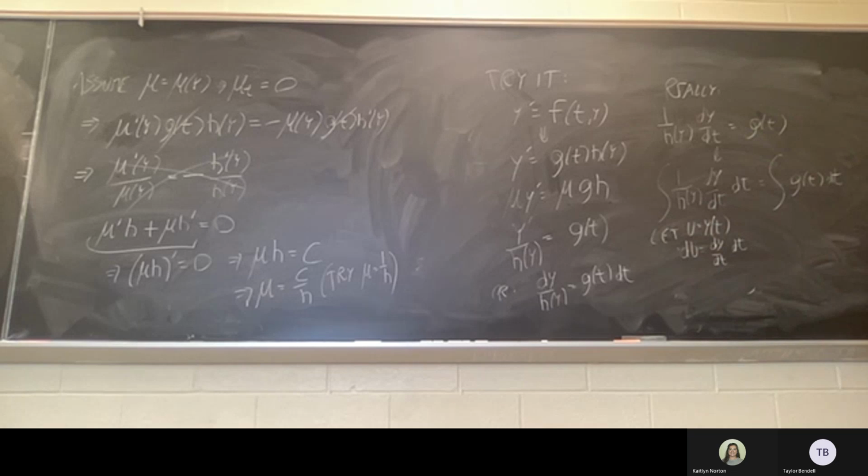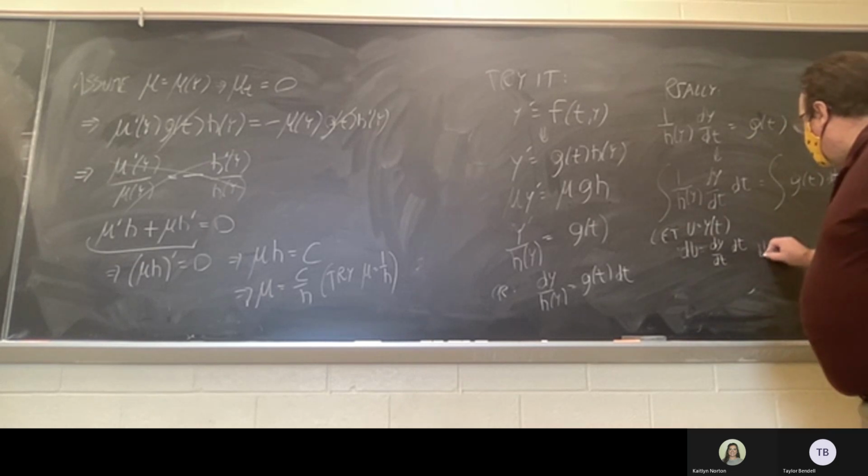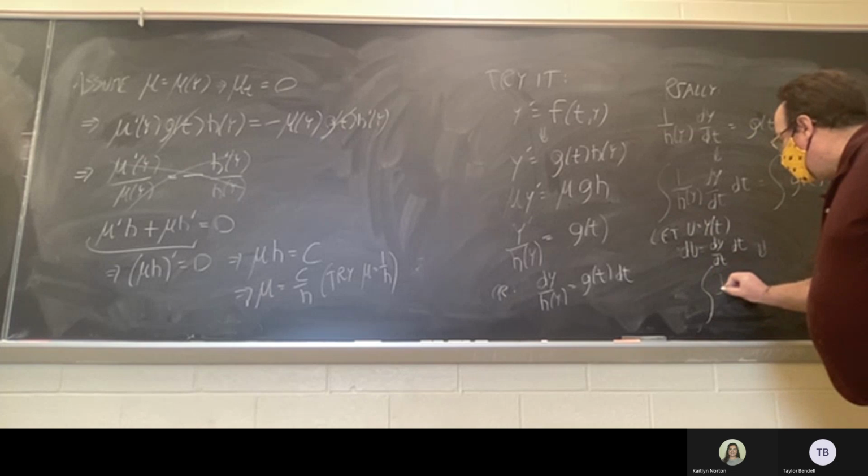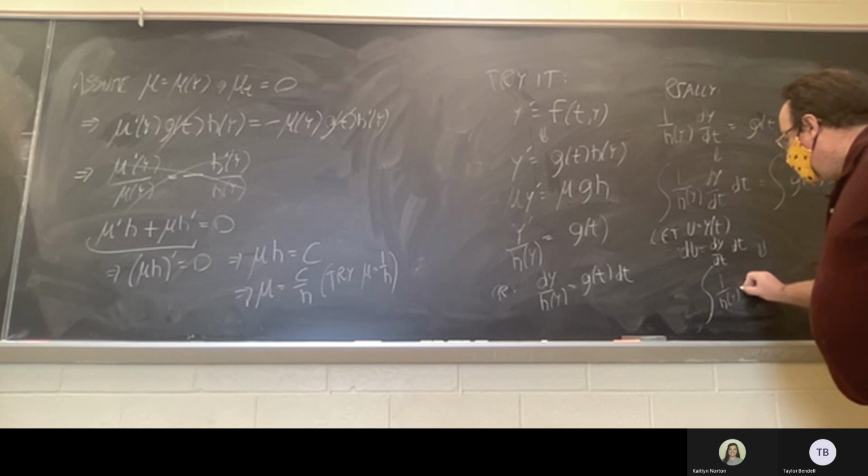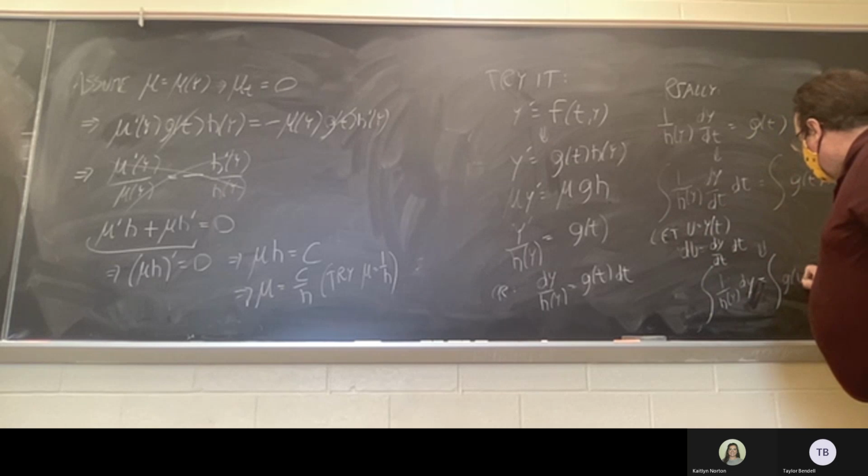But then we don't really write u, because that's kind of non-intuitive. We just use y. So that's what leads to the integral of 1 over h of y dy is equal to the integral of g of t dt.